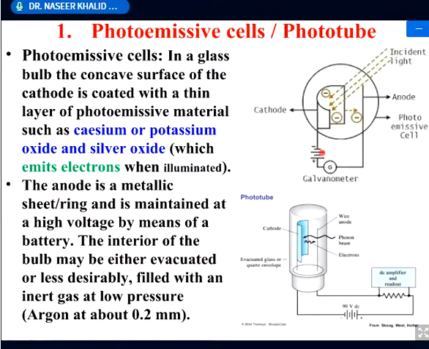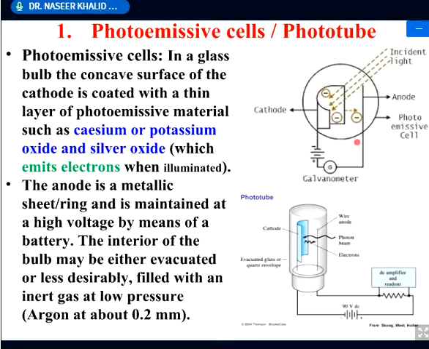Anode and cathode are externally connected to a battery. When light hits, it is emitting electrons. These electrons will run toward the anode, and when they reach the anode, they will be moved externally toward the cathode.